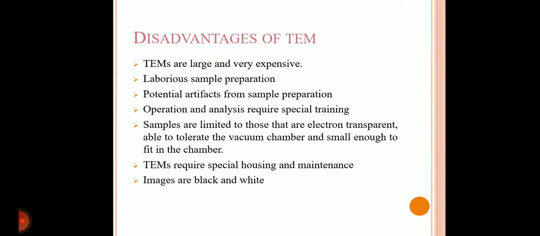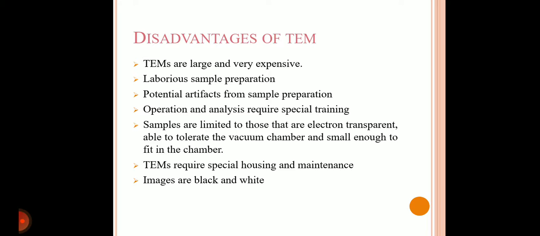Next are disadvantages of TEM. TEMs are large and very expensive. Sample preparation is laborious, with potential artifacts from sample preparation, and operation and analysis require special training. Samples are limited to those that are electron transparent, able to tolerate a vacuum chamber, and small enough to fit in the chamber.